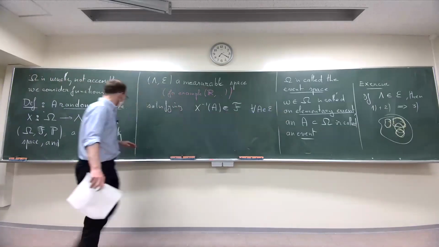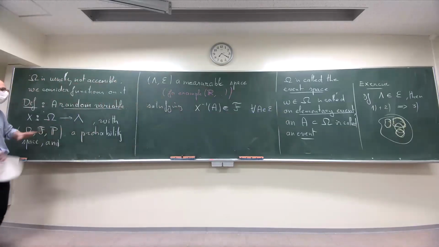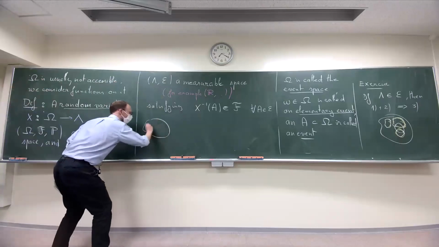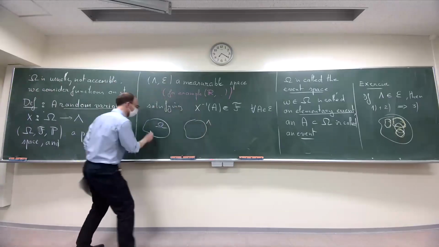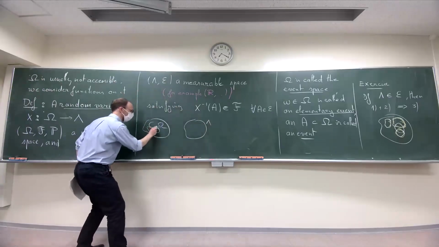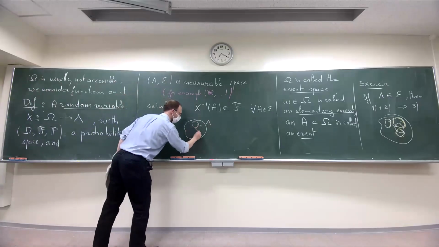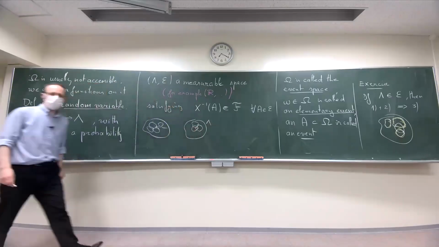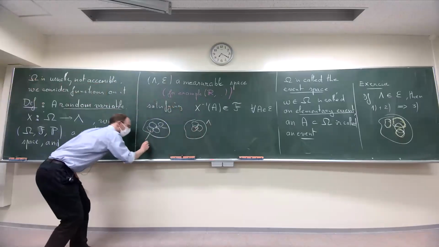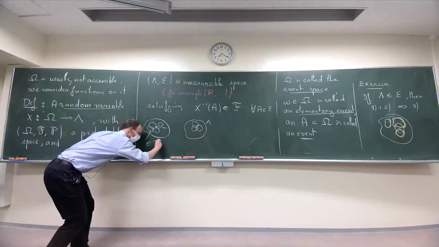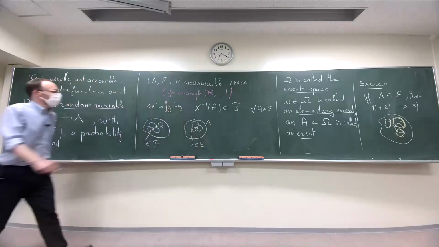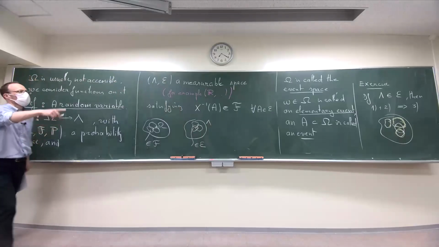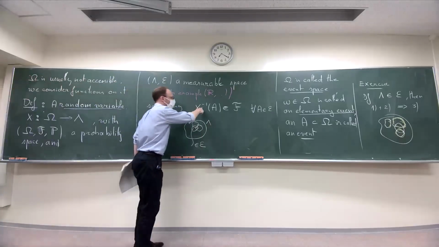So what is this definition? Again, it's a function from, let's say you have the set omega, you have the set capital lambda, you have subsets in this one, you have subsets in this one. These belong to capital F. Here they belong to E. And the only condition is that, what is this notation?